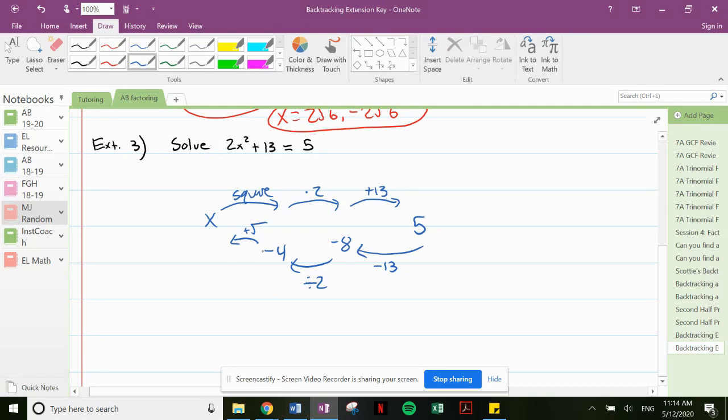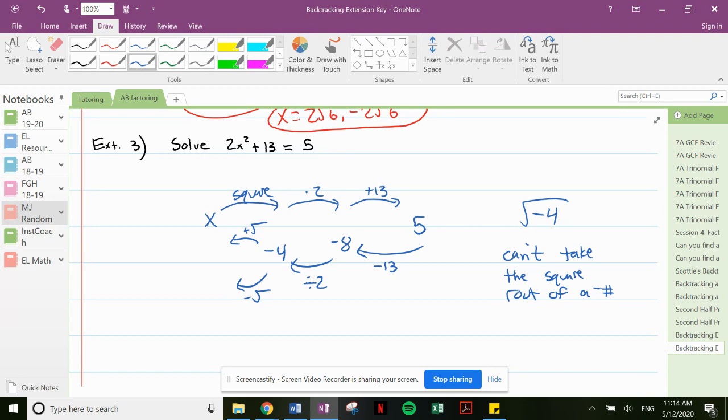And now I need to do my positive square root and my negative square root to undo the squaring. But if you think about putting negative 4 underneath the radical, remember, we can't take the square root of a negative number. There is no number that if you square it or multiply it by itself will give you a negative number.